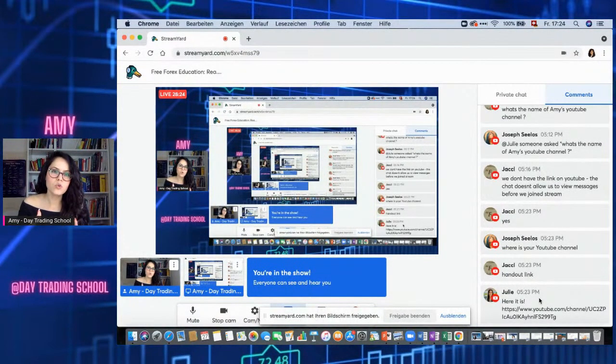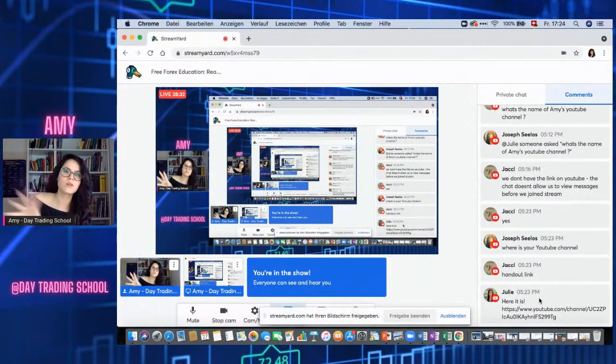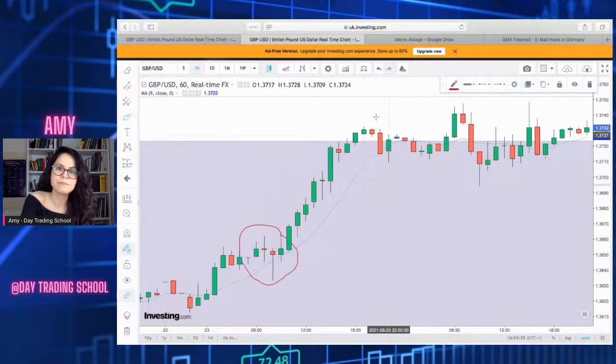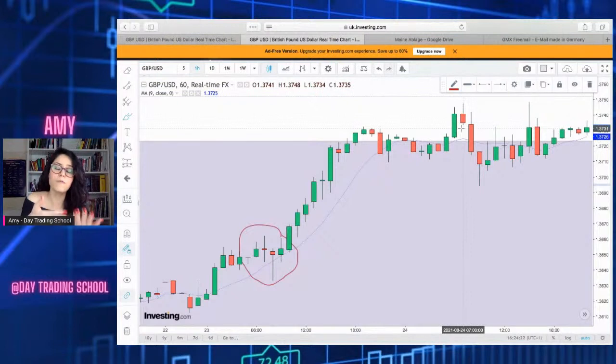I think it's very important to read candlesticks in detail and not just open a chart and say this looks bearish, this looks bullish. We're not judging, we're reading, and thinking logically. After you had such a movement to the upside, there is obviously going to be some sort of exhaustion, right?